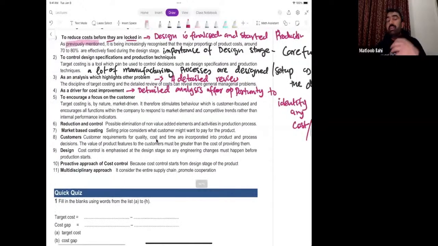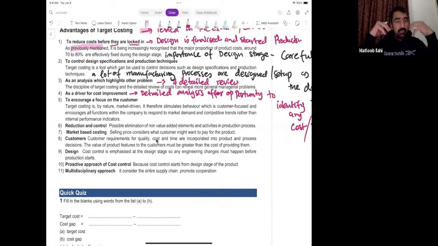With the help of this, the management can identify where we are wasting resources, so they can cut the waste of those resources and ultimately reduce the cost of the product.